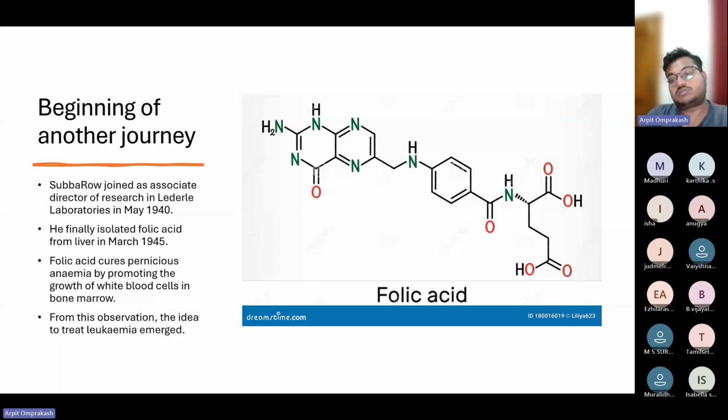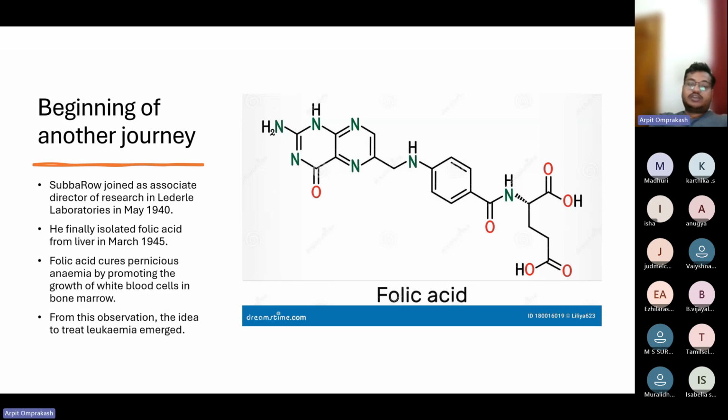He wanted to make this medicine available to everyone. Since extracting folic acid was very expensive, he tried to find other ways to do it. After a long time, people were able to synthesize synthetic folic acid, which was much cheaper than the original extracted folic acid that he got.